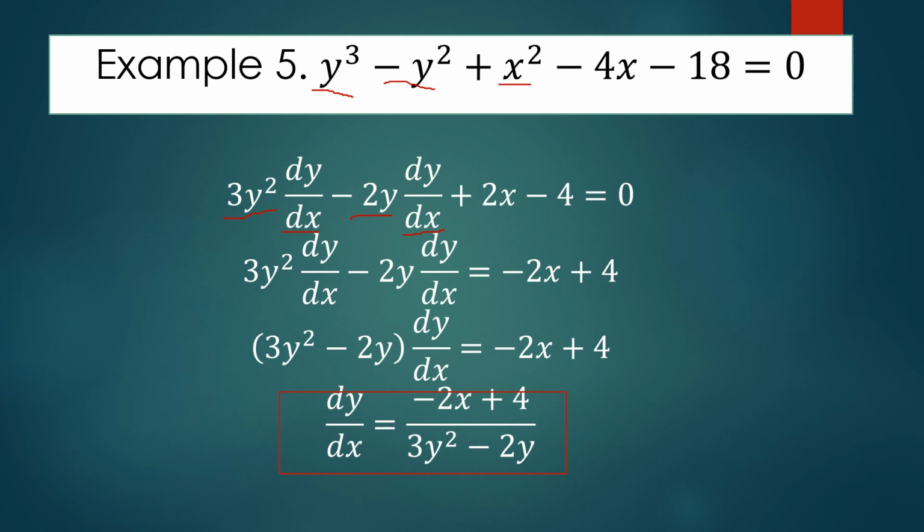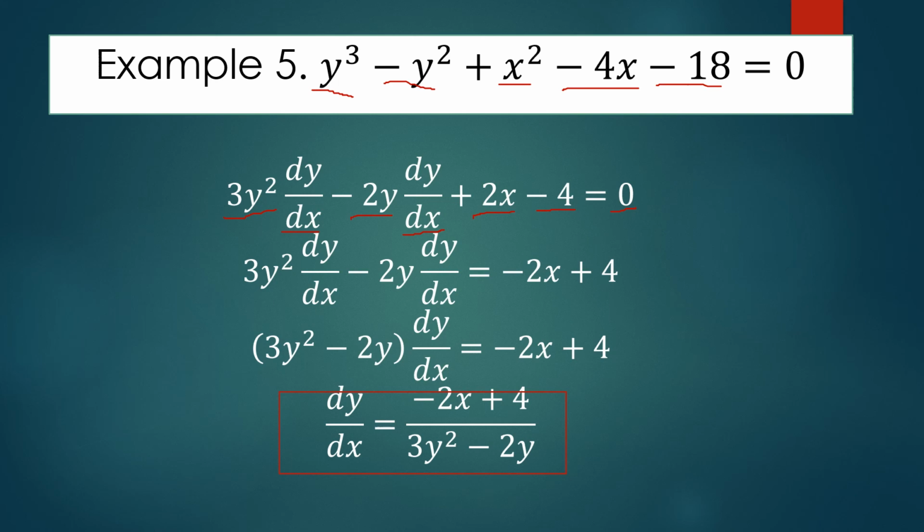And the derivative of x squared is positive 2x. The derivative of negative 4x is negative 4. The derivative of negative 18 is equal to 0, so no need to write. And also the derivative of 0 is equal to 0. Now, pagsama-samahin natin yung mga term na merong dy over dx.